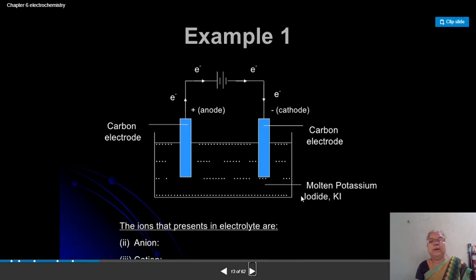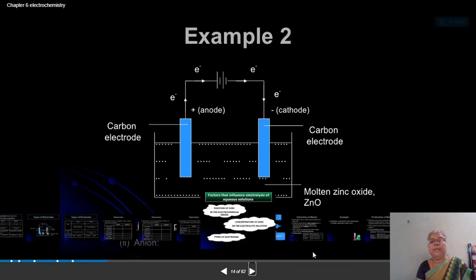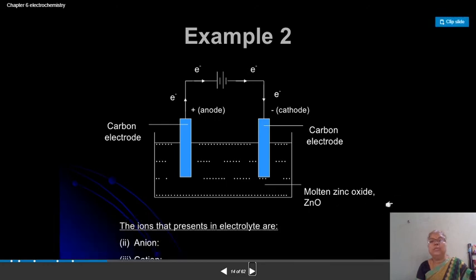This is the electrolysis of molten potassium iodide. When the iodide ion comes at the anode, it releases an electron, and these electrons get accepted at the cathode, and here we have a reduction of the K+ ion. Remember? Then the next example, suppose we have zinc oxide.